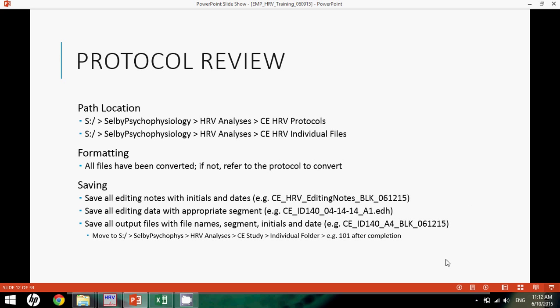Lastly, we have the saving information. We have a master editing notes and master analysis file. I suggest making a copy of those master files and then pulling them into your original file, and then saving your initials and a date at the end of every time that you do an analysis, or at the end of every day at least.